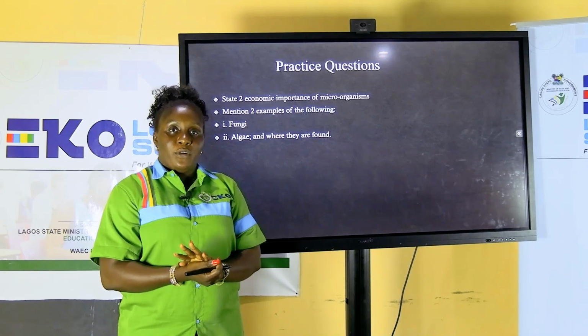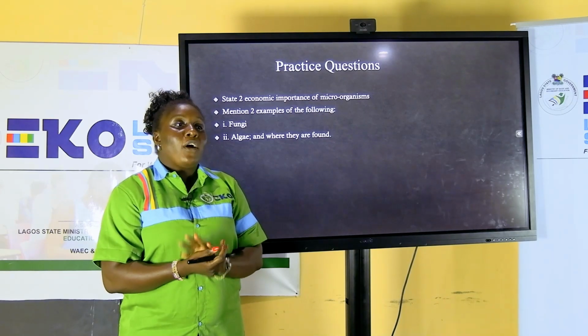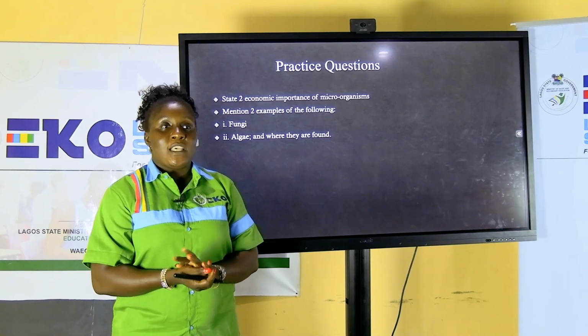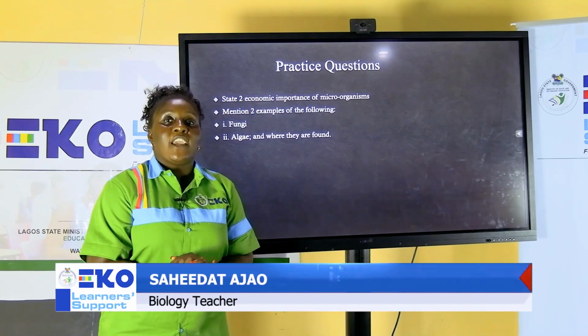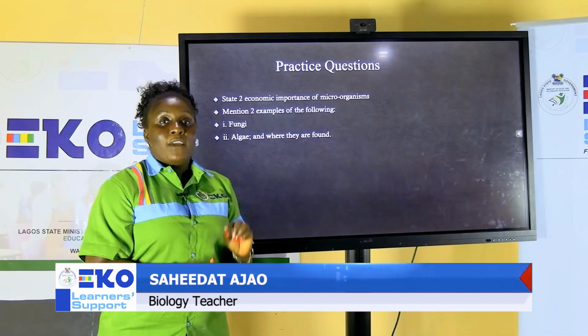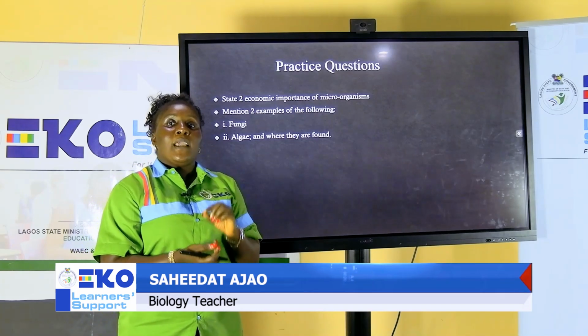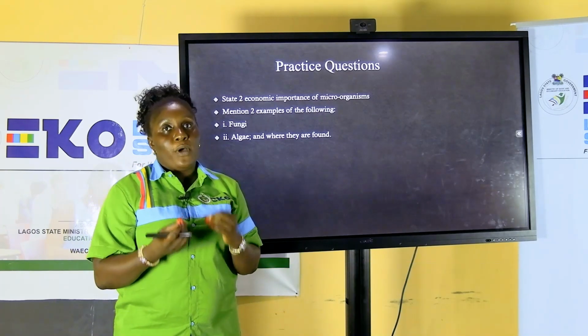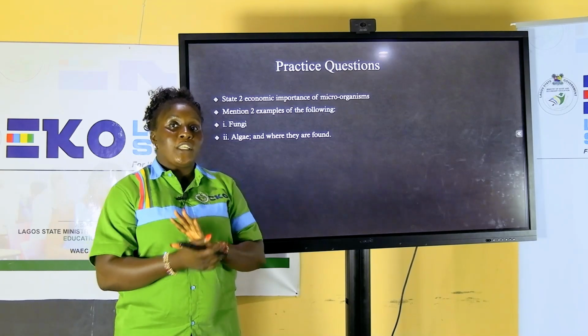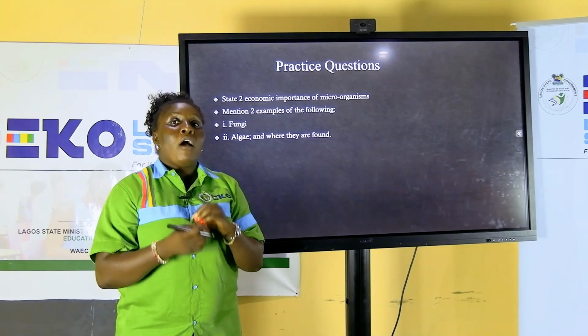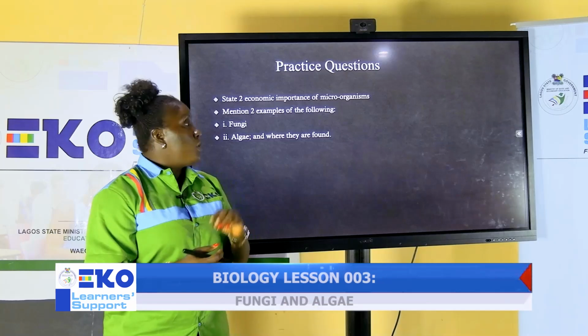Let's start with virus. Number 1, they cause what? Viral diseases such as coronavirus, Ebola virus, HIV, and measles. For bacteria, they cause what? Food spoilage. And I also mentioned that streptococci, which is a shape in bacteria, causes sore throat.